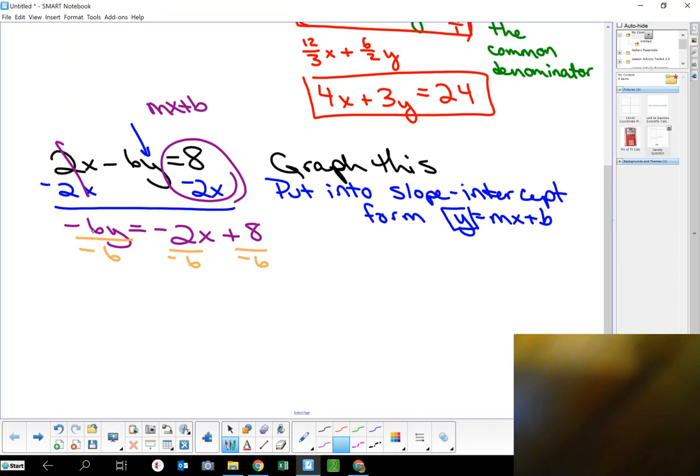So negative 6 over negative 6 is 1, so that's y. Negative 2 over negative 6 is a positive 1/3, and 8 over negative 6 is a negative 4/3. And so this would be the equation of the line in slope-intercept form.